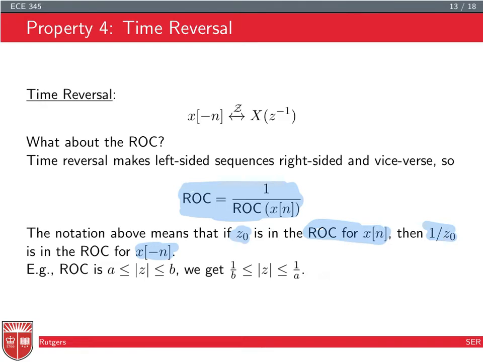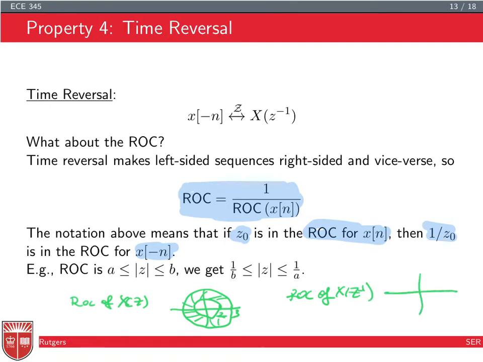So let me give a quick example. Let's suppose the ROC of x of z is a double-sided signal, so it's the ring between, let's say, 2 and 3. Then the ROC of x of z to the minus 1 will be the ring between 1/3 and 1/2.